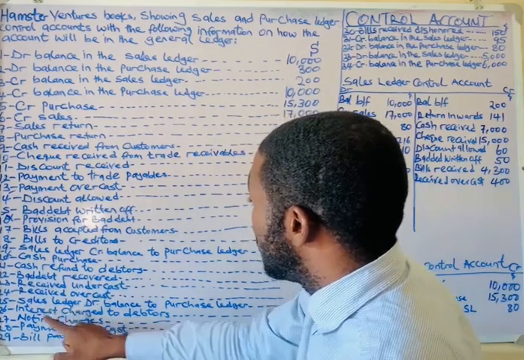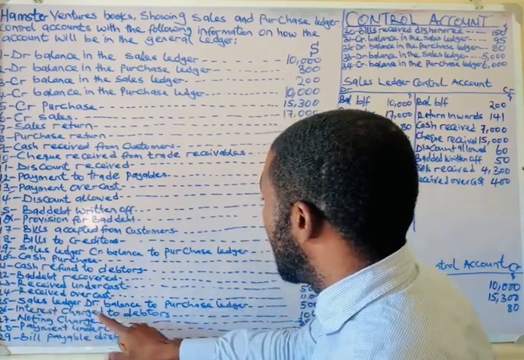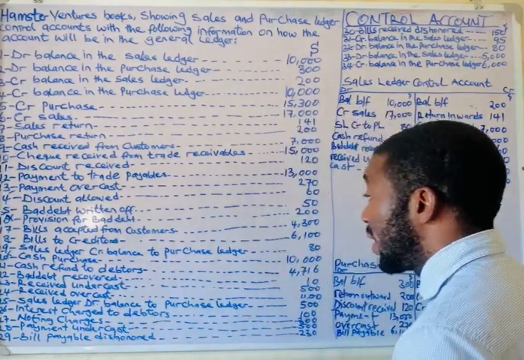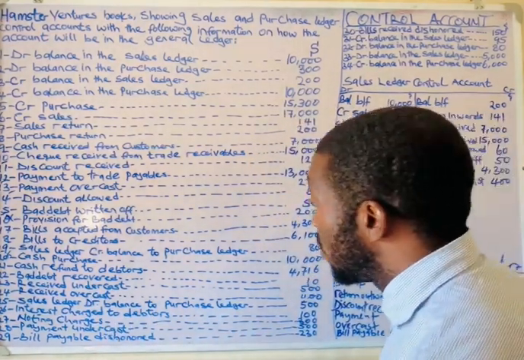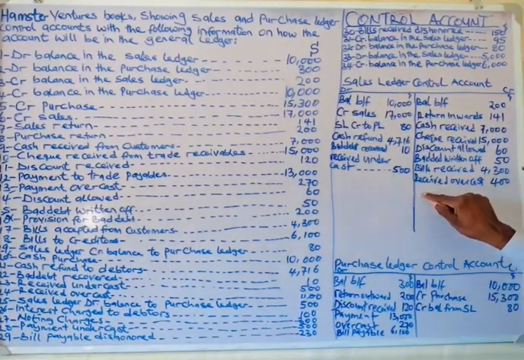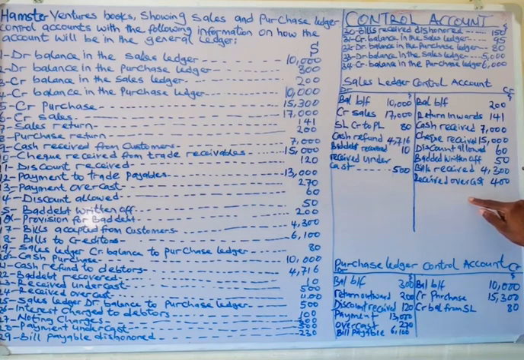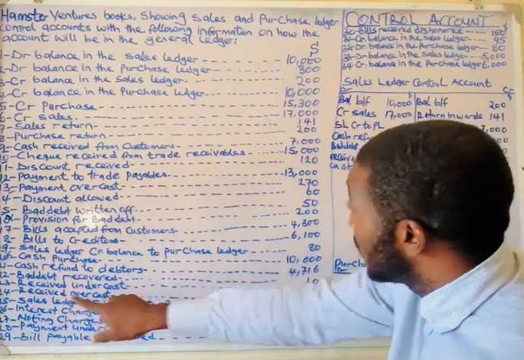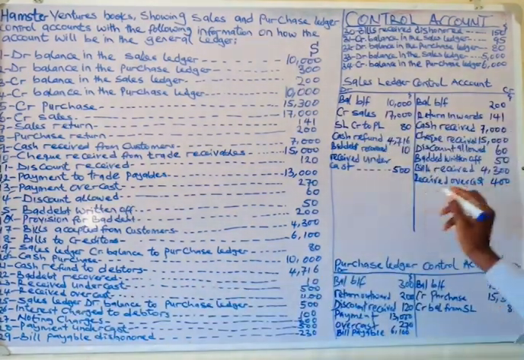The 25th item, sales ledger debit balance to purchase ledger. This is a transfer. Your sales ledger debit balance, so you will show the transaction here. If you put it there, you're adding it back, and the equation says you are taking it, so it must come here.